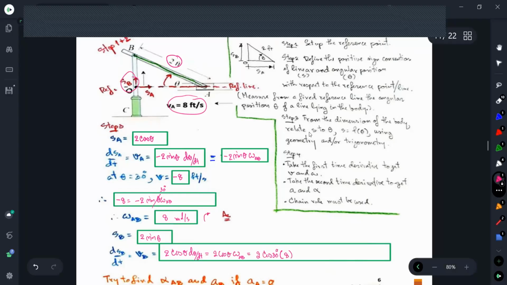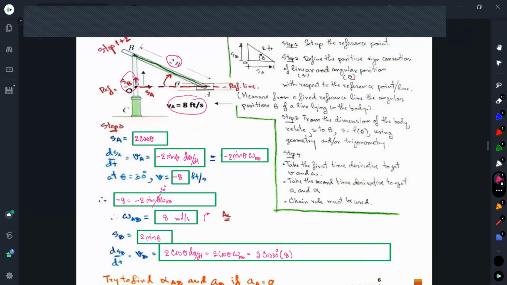8 means that it's positive, so for this case it should be clockwise. Omega AB is clockwise because of how we measure the angular position.